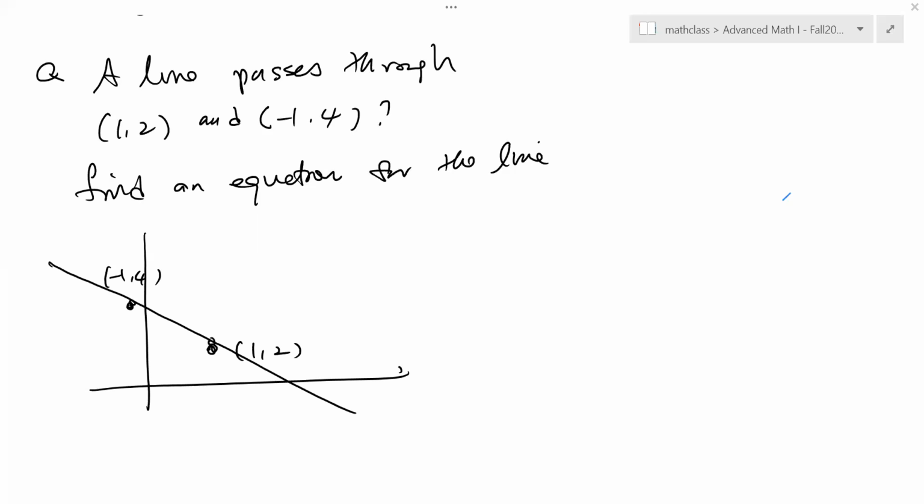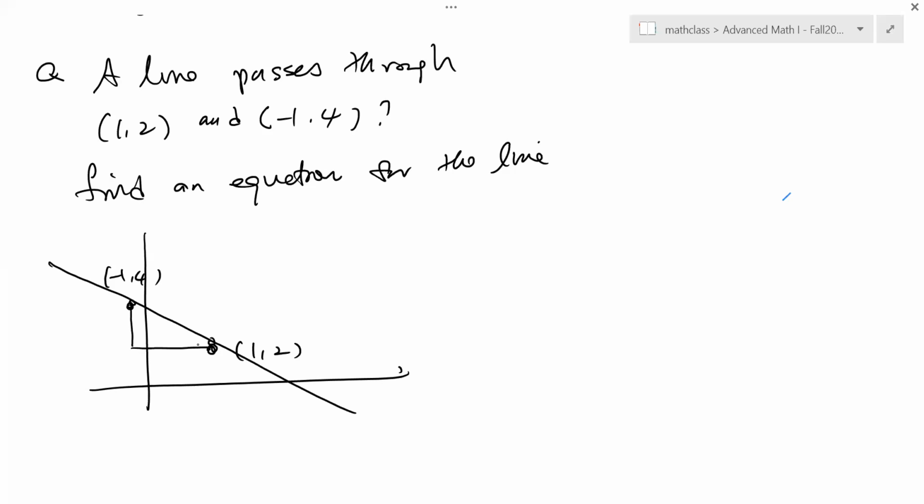All right, so first of all, let's try to figure it out. What is a slope? We said that the ratio of these two sides of a triangle gives you the number which is called the slope. It is independent of the choice of 2 points on the line.